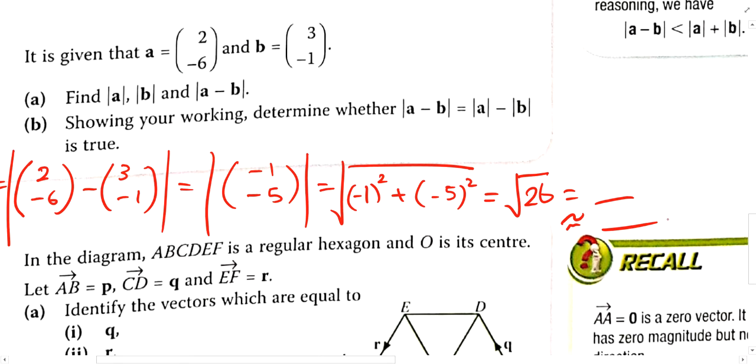Got that? And you see that it is actually not equal. So the magnitude of A minus B is not equal to the magnitude of A minus the magnitude of B. So just write down that it is false. That's the answer. Can?